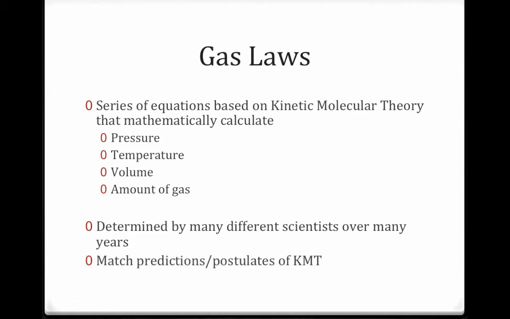It's also important to realize that these mathematical formulas match the predictions and postulates of kinetic molecular theory. They were made mostly before kinetic molecular theory existed, but the observations in the lab very closely match the observations made in kinetic molecular theory, again pointing to the fact that this is all pretty good science. With that, we're going to dive right into our first equation.